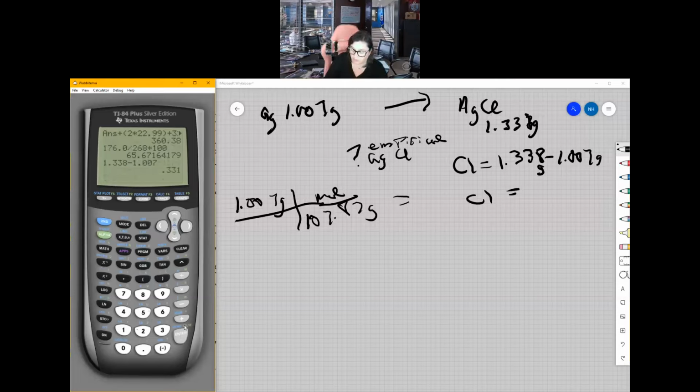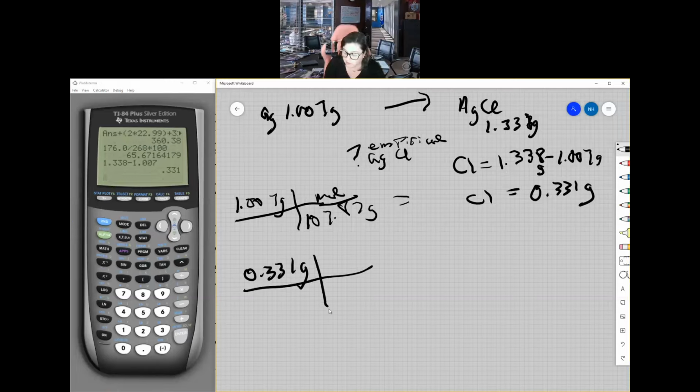That's 0.331. Okay, so then I'm going to have 0.331 grams, mass of the chlorine, which is number 17, is 35.45.